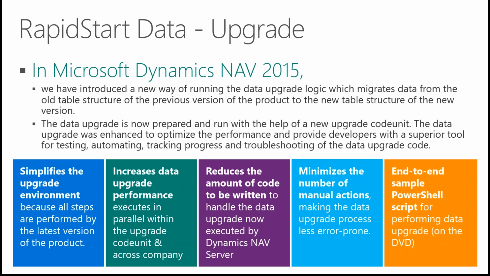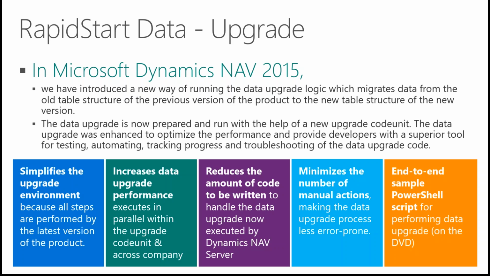It reduces the amount of code that has to be written, and it minimizes the number of manual actions you have to do. So it's less error prone by using this upgrade tool. The feedback from the partners that I have heard across the U.S. has been phenomenal about these rapid start enhancements, especially around the code upgrade and the data upgrade procedures.